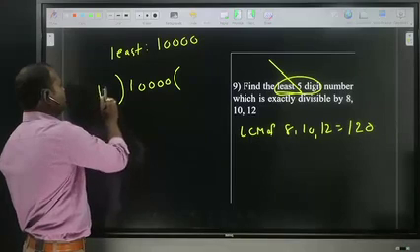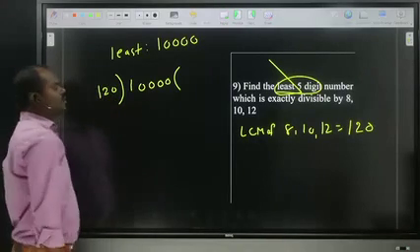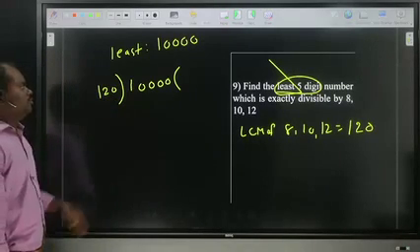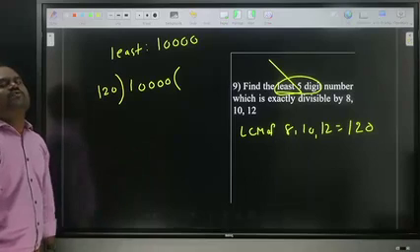divide with 120. 120 is 3 digits, so up to 1000 we can observe the 120 table.